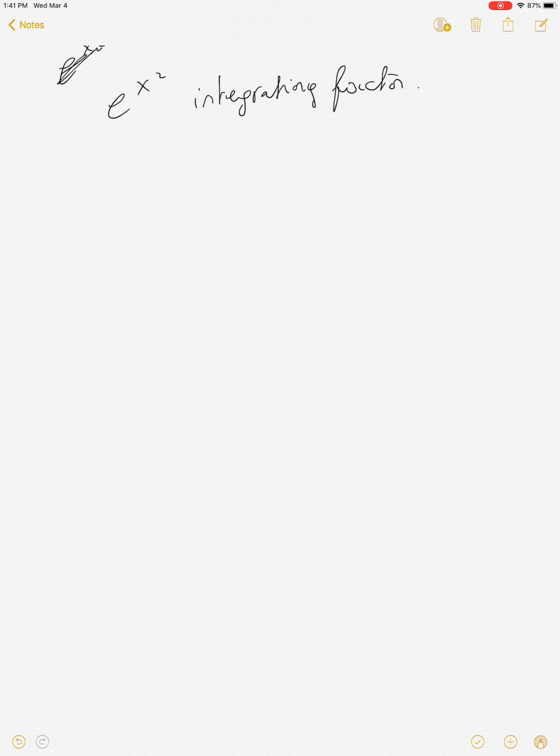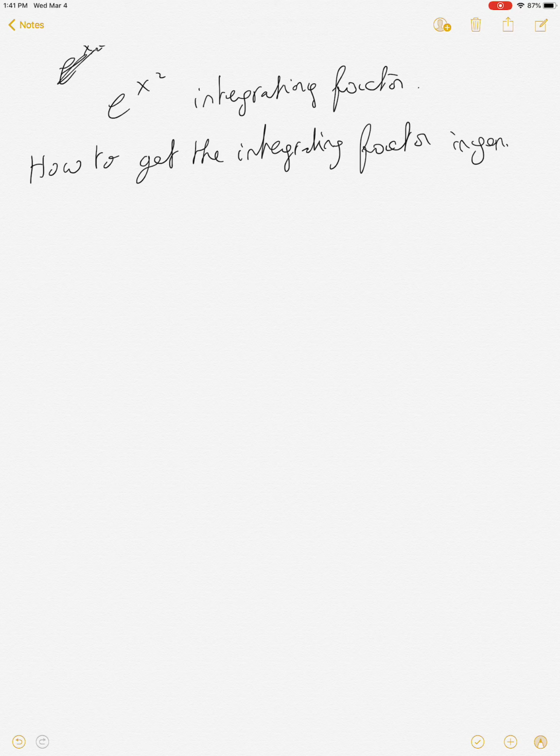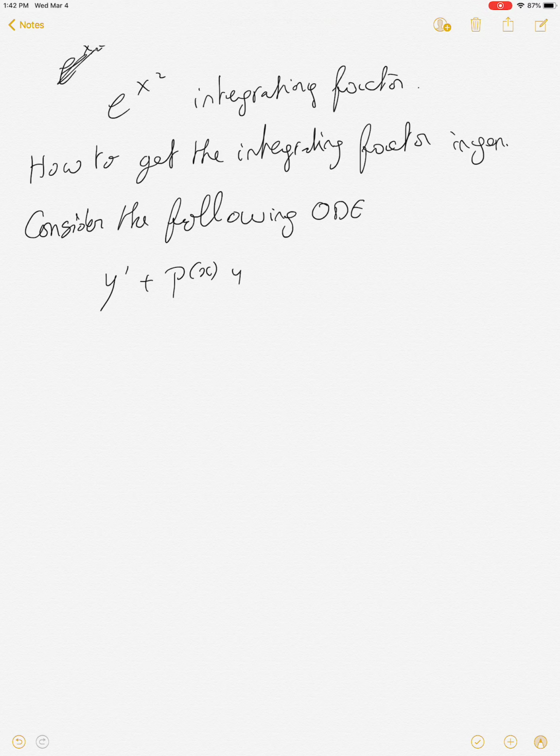And now the question is how to get the integrating factor in general. So consider the following ODE: y prime plus p(x) y equal q(x), let's call this double star.